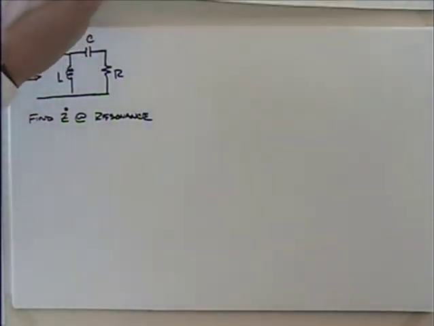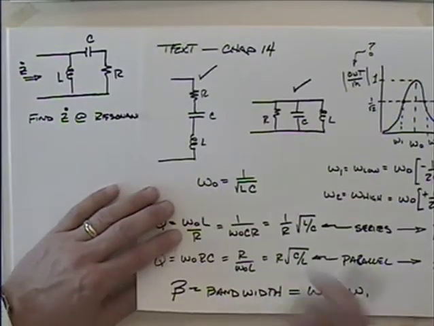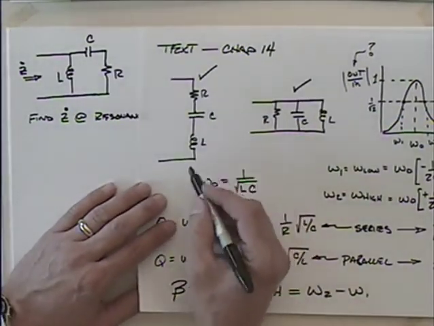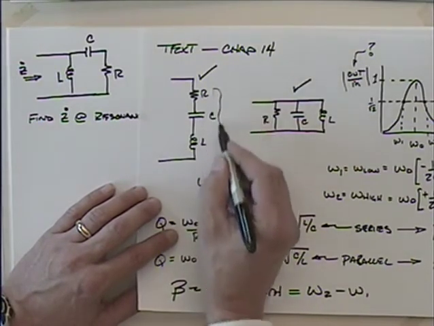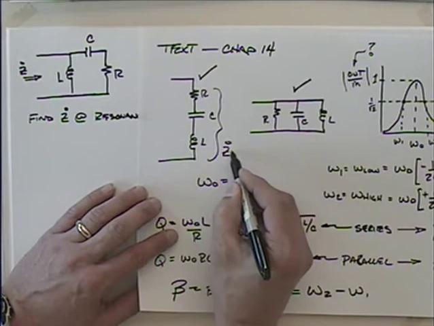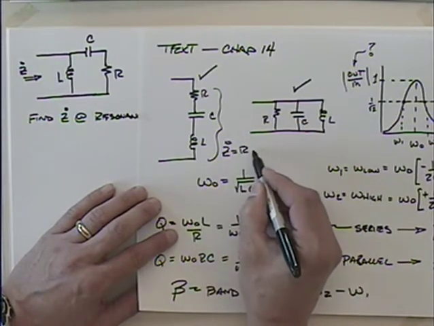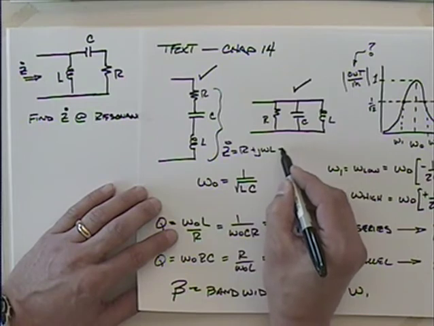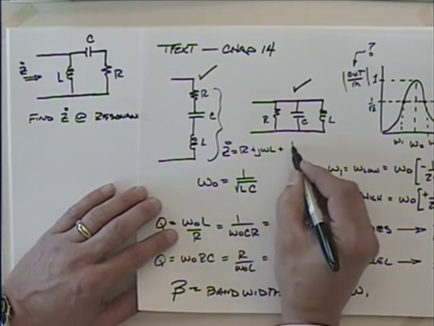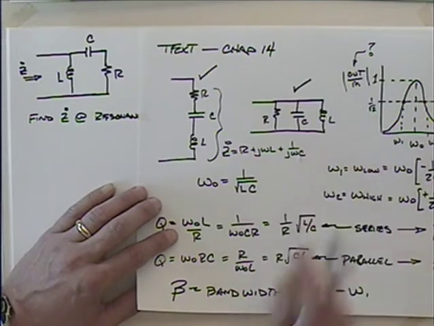Now remember, we did that before on this already, right? I mean, for instance, this one here, what was Z on this thing? Z on that was equal to R plus j omega L plus 1 over j omega C, is that right?